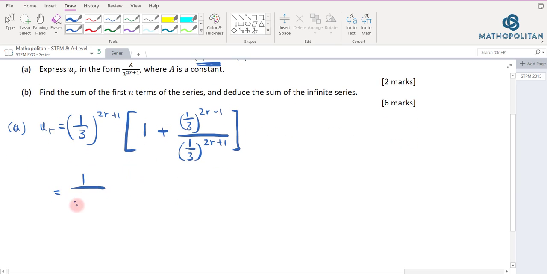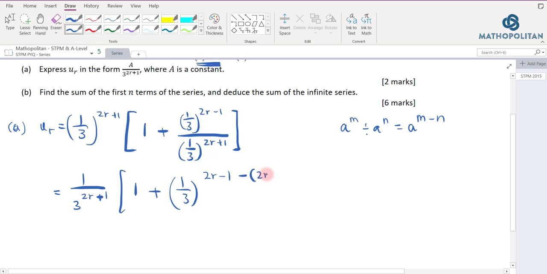When you have division, a to the power of m divided by a to the power of n is a to the power of m minus n. So this will be 1/3 to the power of (2r minus 1) minus (2r plus 1). Remember the bracket here.